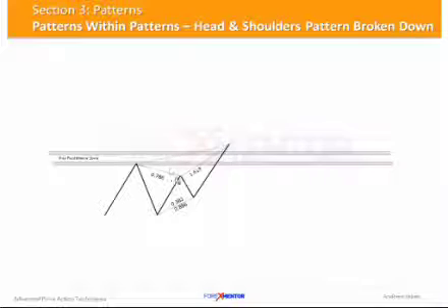You can see the extensions forming, the 127 extension and the 1618 extension. That would offer a nice high probability selling opportunity. Price sells off aggressively, taking out the lows. Price then starts to retrace. Here you can see we get a retracement.